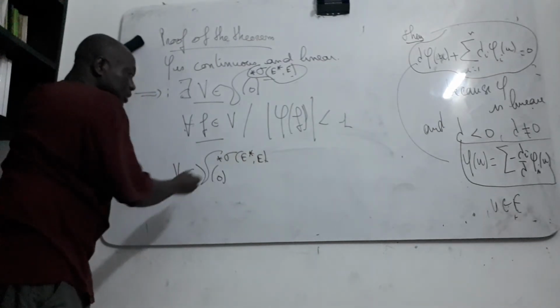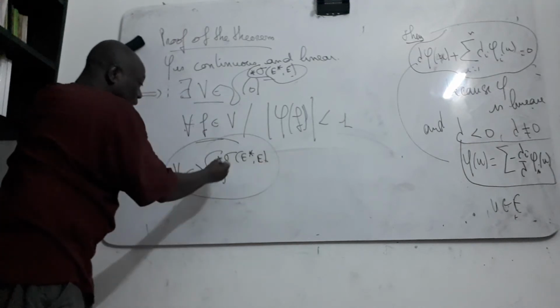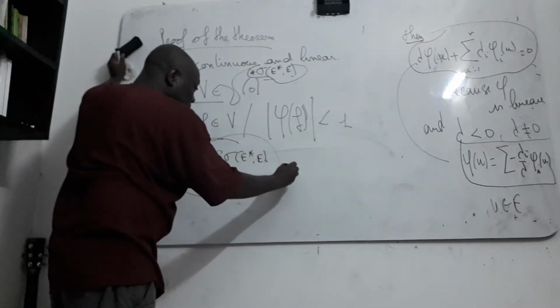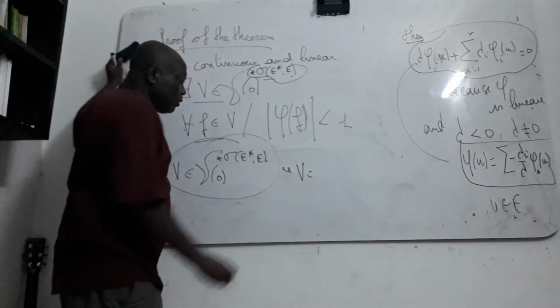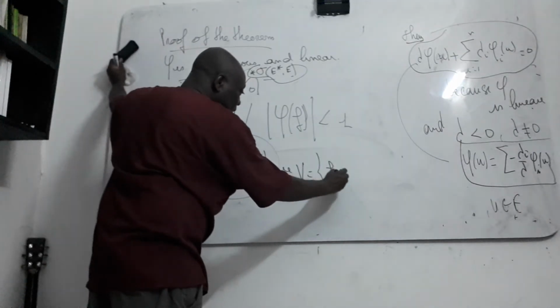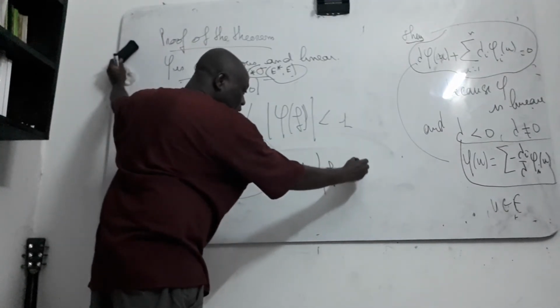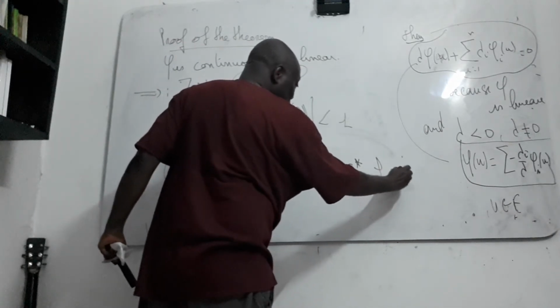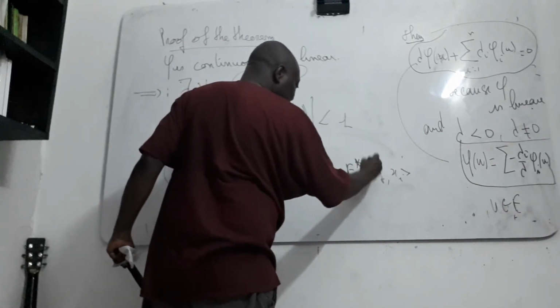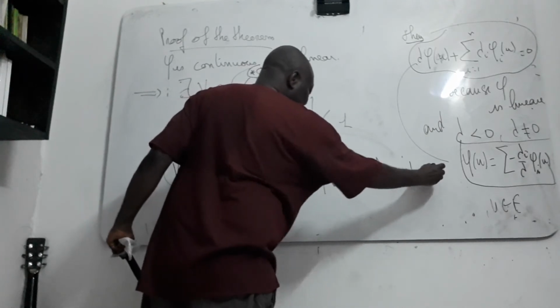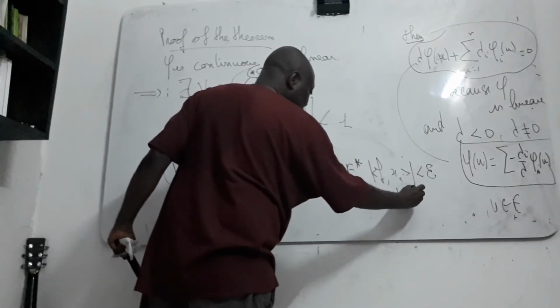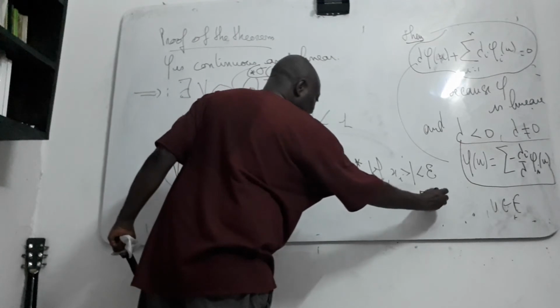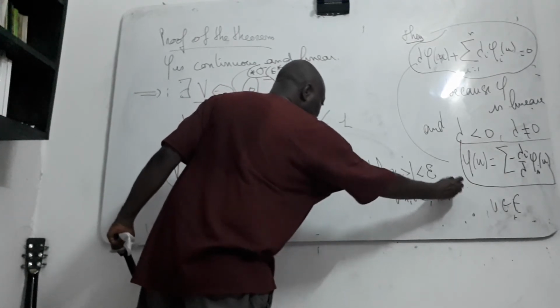That means that V has this form. It contains the elements f of the dual such that |f(s_i)| is less than epsilon for all i, where the set is finite.